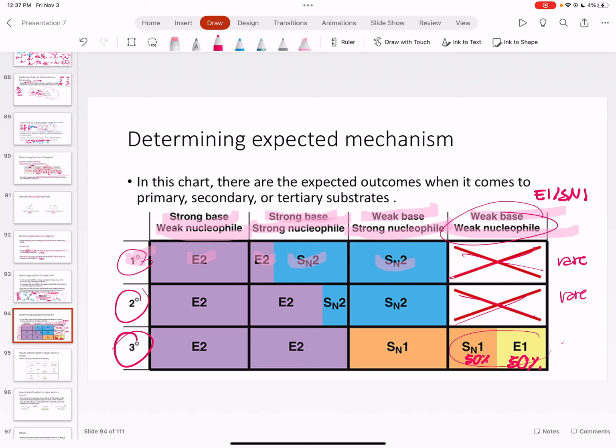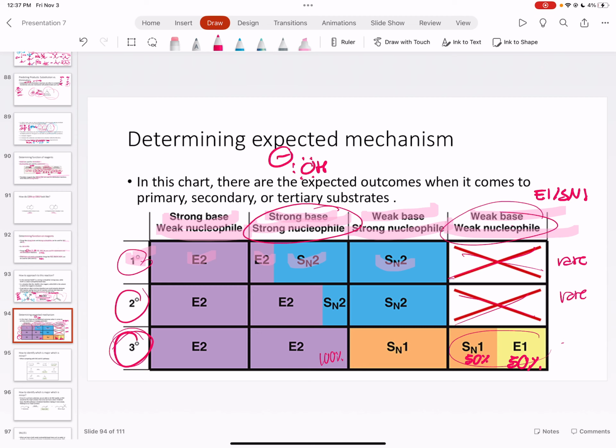While in here, we have our strong base, strong nucleophile, so things like OH, for example. And remember, SN2 reactions cannot happen on tertiaries. That's why we don't have any percentage of SN2 and we have 100% of E2, just because SN2 cannot happen on tertiaries.